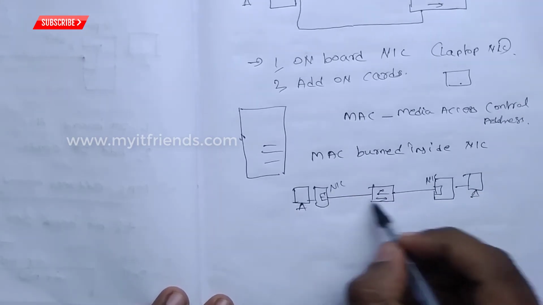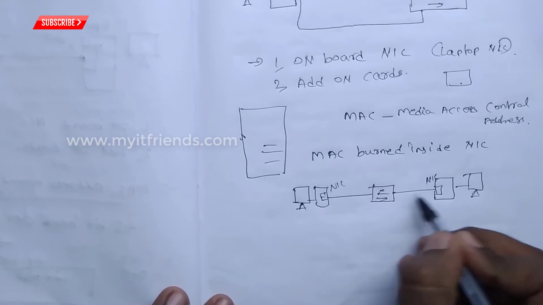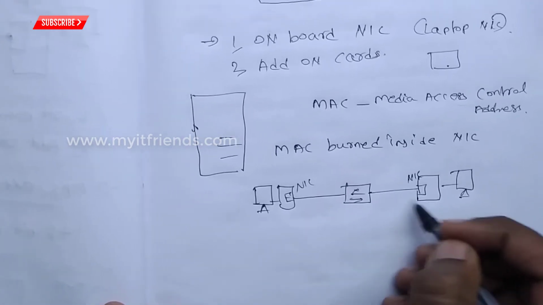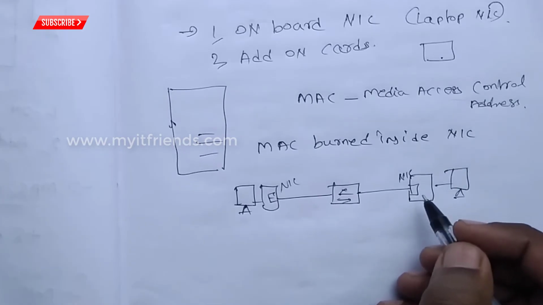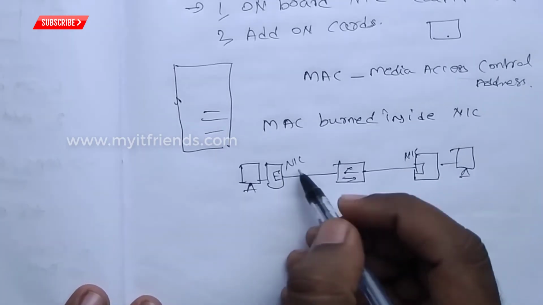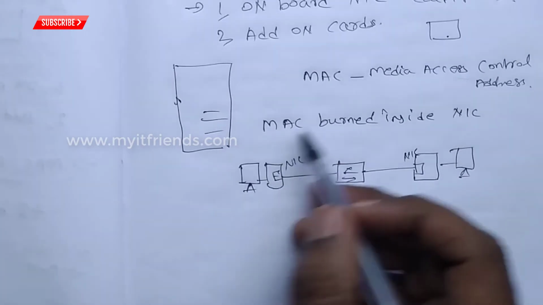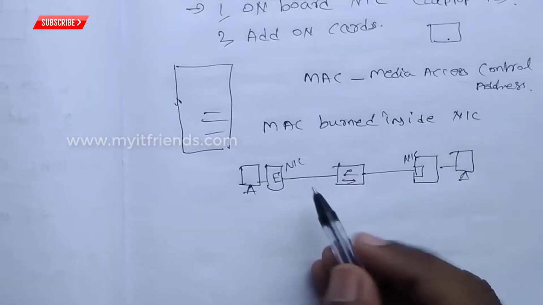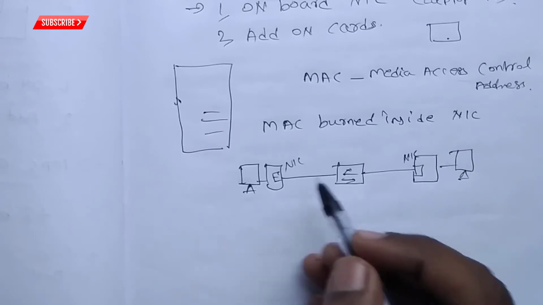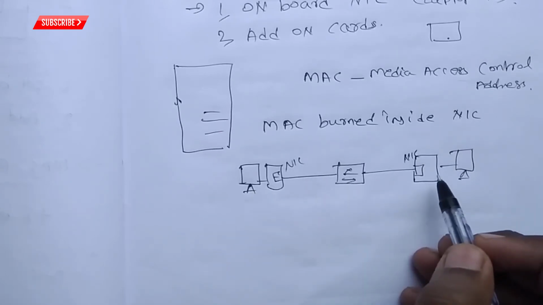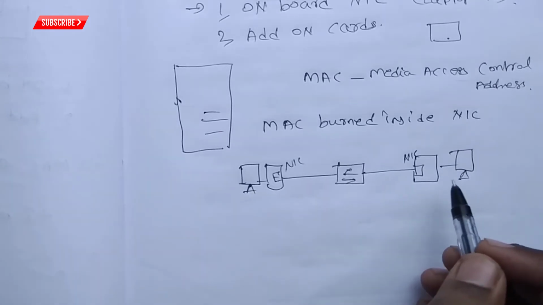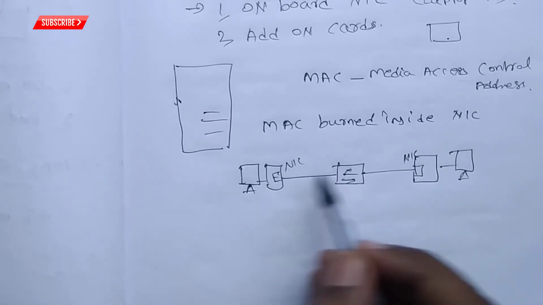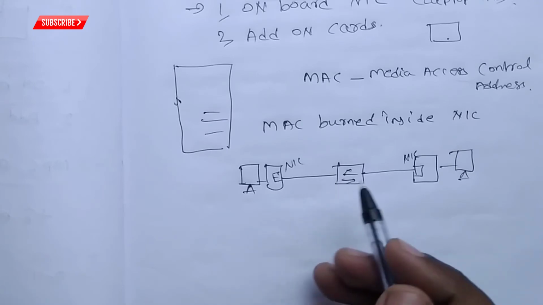You can see that these LAN cables are connected to the NICs at the back side of the PCs. The media access control address is burned inside the NIC. By using that media access control address, these machines communicate with each other. After connecting the NIC, we can assign the IP address.